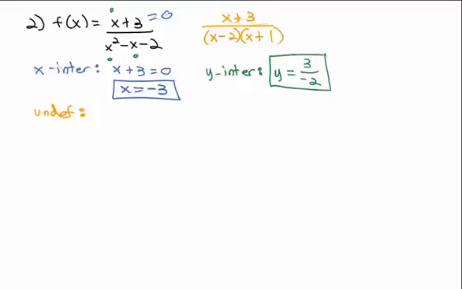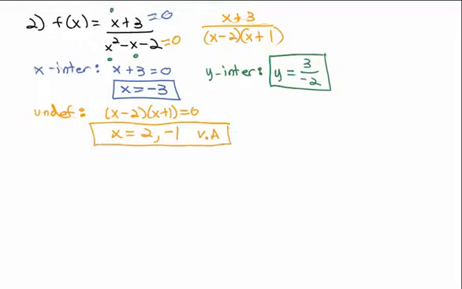There's no reducing of this fraction, so this fraction is going to have no holes in it, but we can make the denominator equal to 0. So that's x minus 2, x plus 1 equals 0. Add 2 to both sides, and x equals 2. Subtract 1 from both sides, and x equals negative 1. And those are both vertical asymptotes. This one's going to have 2 vertical asymptotes.